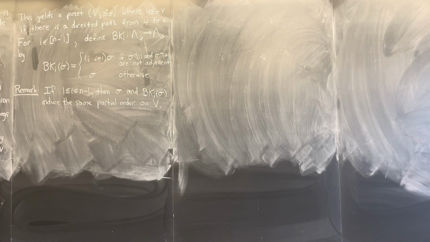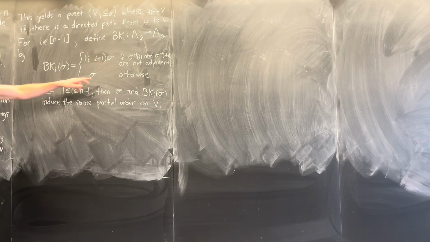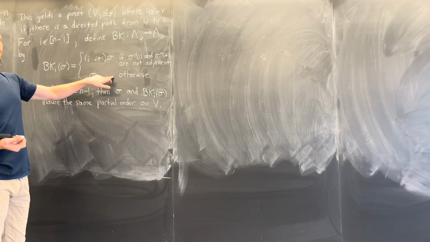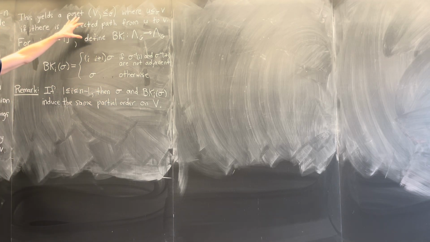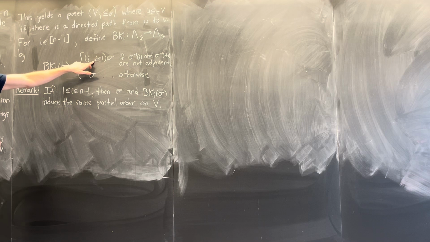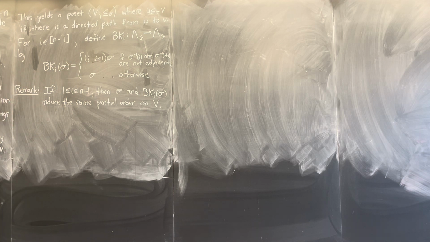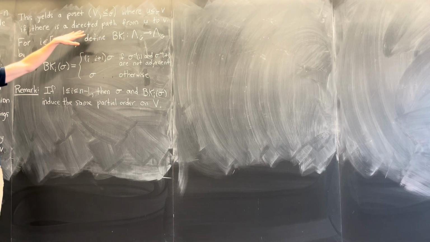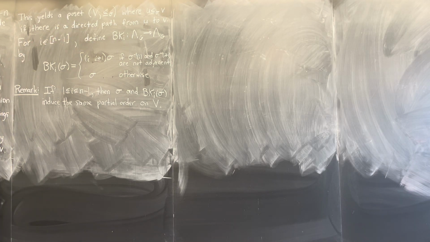This is just because, if we're in this case, then sigma and bk sub i of sigma are equal, so obviously they induce the same partial order. But in this case, you've swapped i and i plus 1, but i and i plus 1 are not sitting on adjacent vertices, so you're not actually going to change any of the way that you've directed any of the edges. So they give the same acyclic orientation and therefore the same poset.